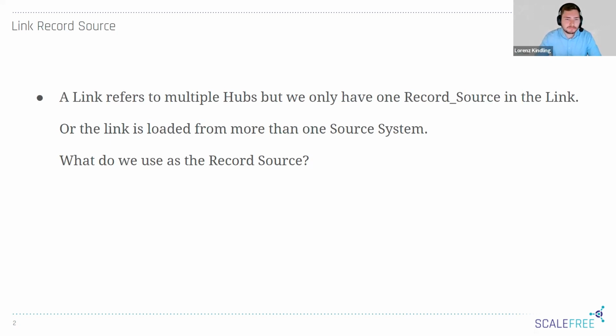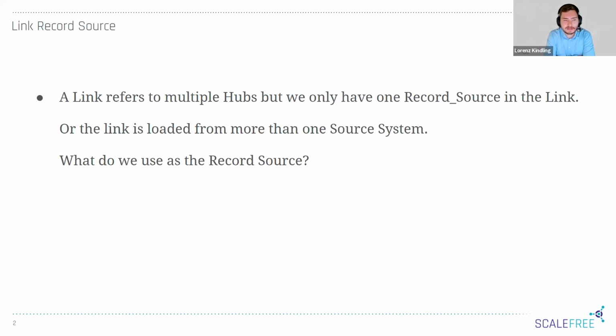There are a lot of different options where the relationship comes from, but most of the time it's one of the referenced hubs which has this foreign key, and which essentially is the system that provides the relationship. But you always should look in your source system which one provides the relationship, and this one should be the record source in the link.